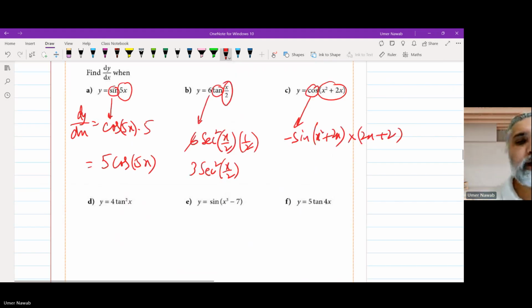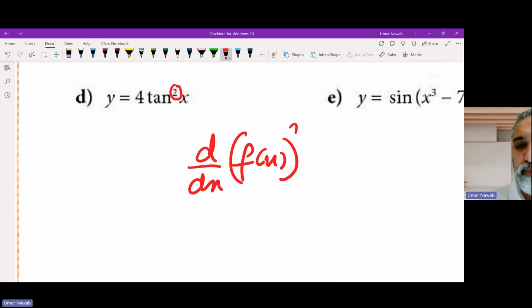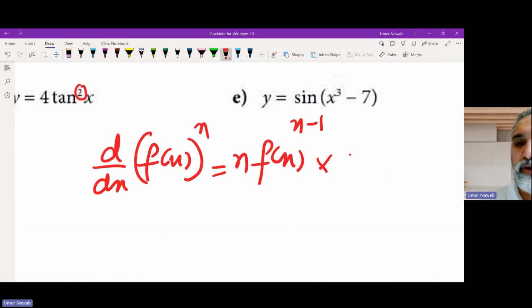Now next, very, very important, boys, this question, because now you have a power here. So this power means I have to apply the power rule first. What is the power rule? I told you, if I take the derivative of any function which is under a power, the power rule says power goes back, and from the power you take off 1, and then the chain rule tells you to take the further derivative of the function.